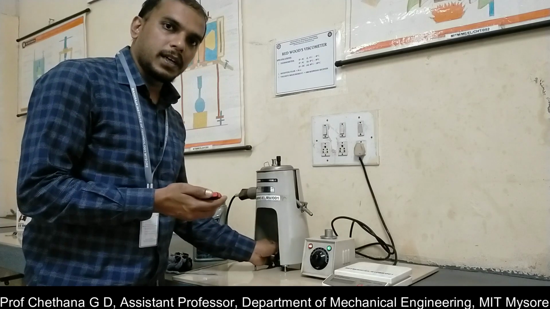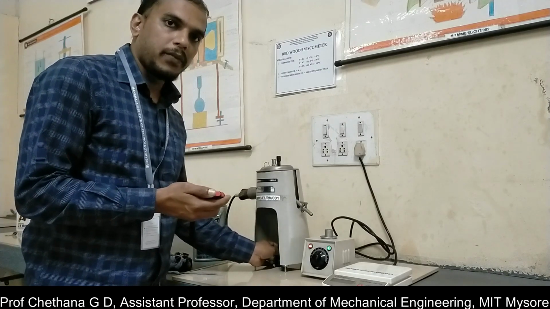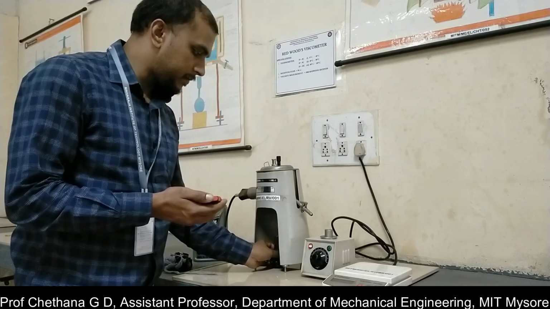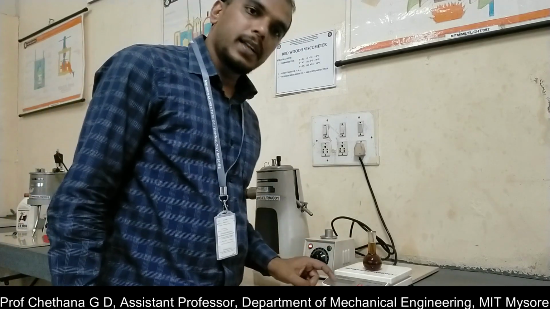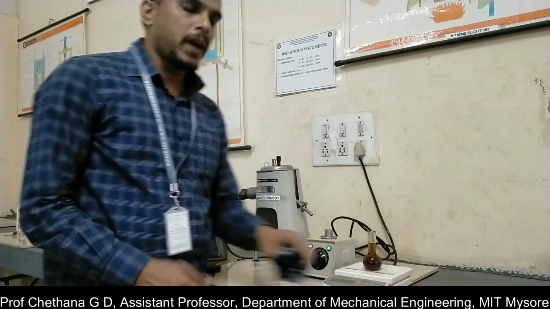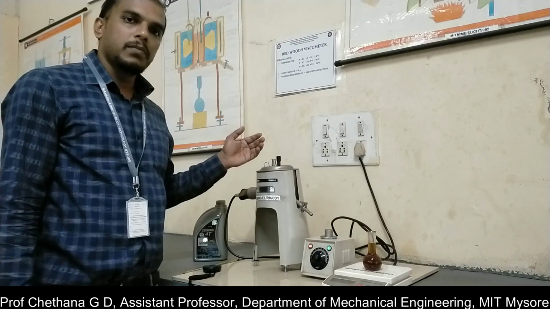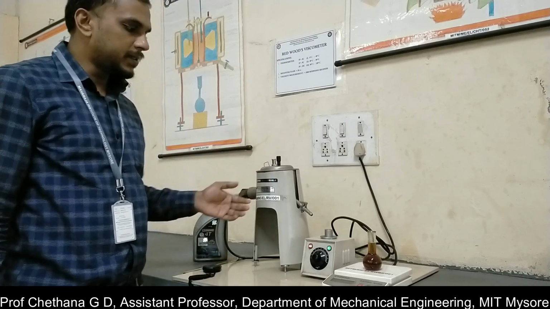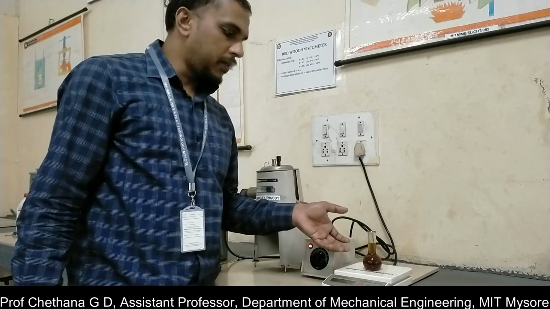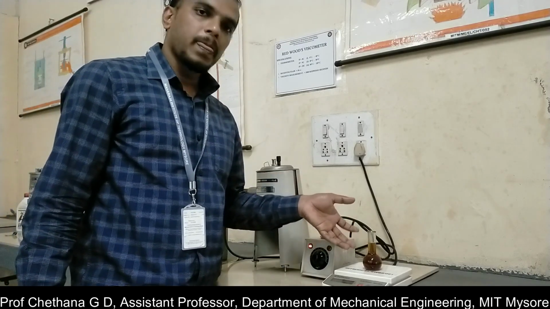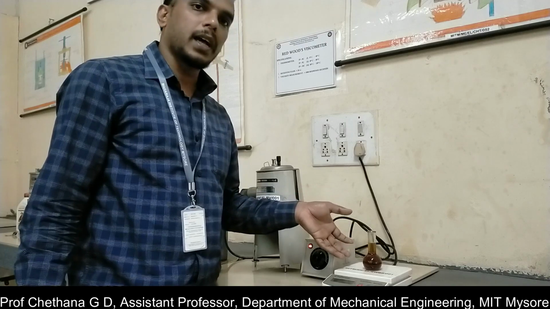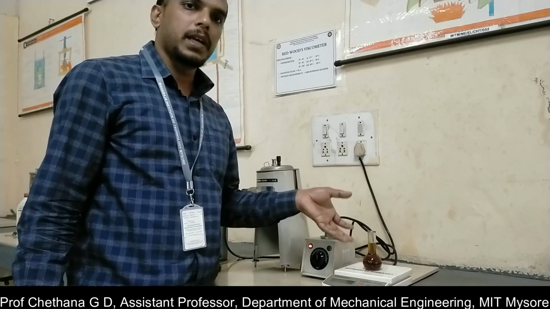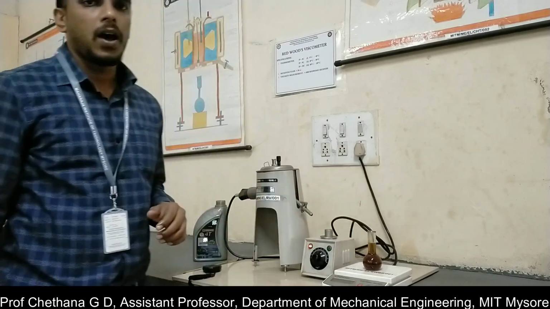Now once this is done, weigh this in a weighing scale to get the weight. It is 77 grams. What we have noted down is the time which it is taking to flow through an orifice, and at the same time weight of the empty flask and weight with the oil. Now if you subtract this from the empty flask, you get the weight of oil.